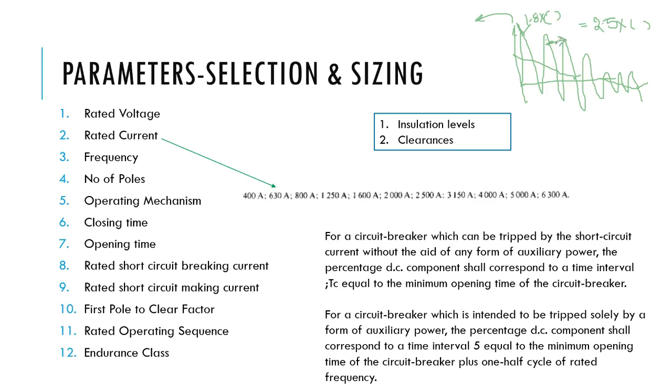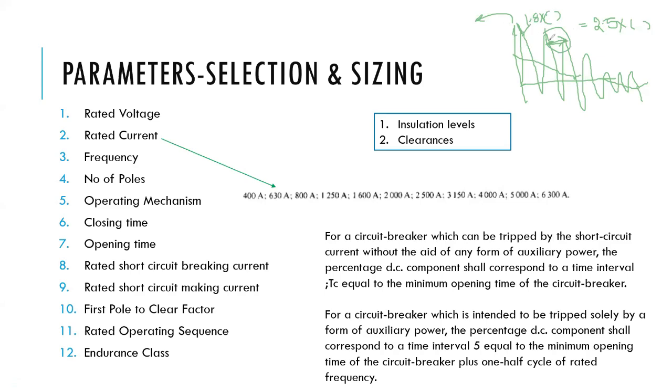The fault is detected by the relay, which sends the command to the master trip relay, giving the command to the breaker. So it takes time. In that sense, the DC component will not be there in the wave, so it will come down to here. So always the breaker is operating in this region, but there might be a chance that the breaker might close in this region.